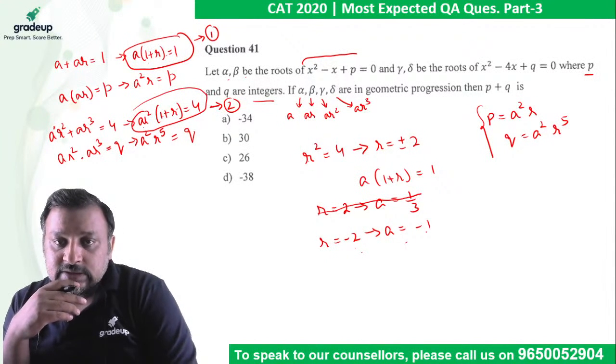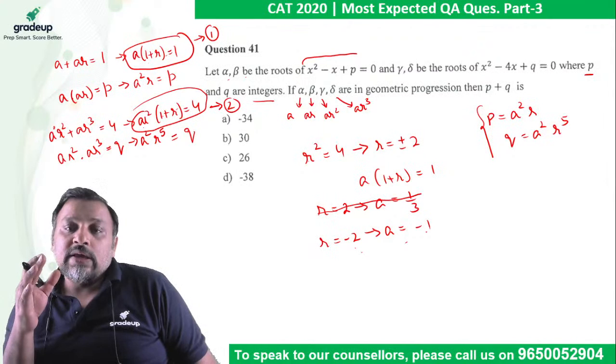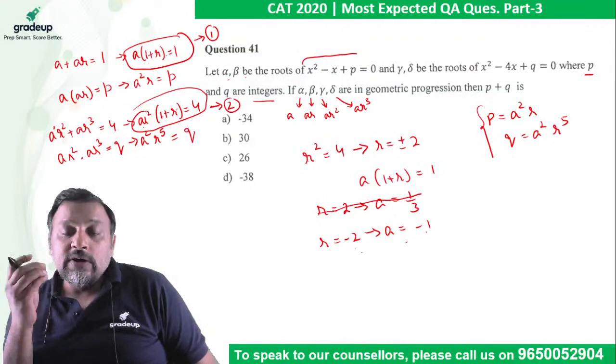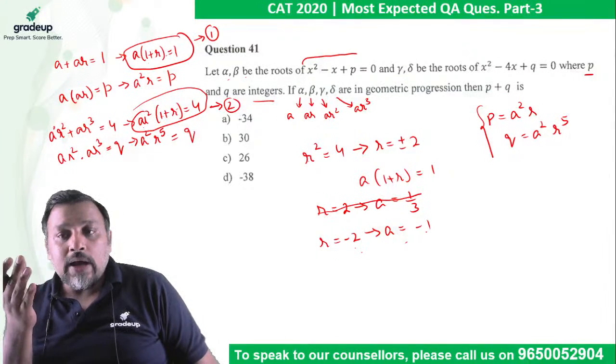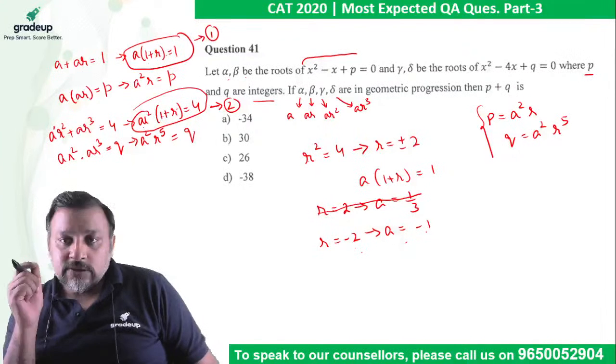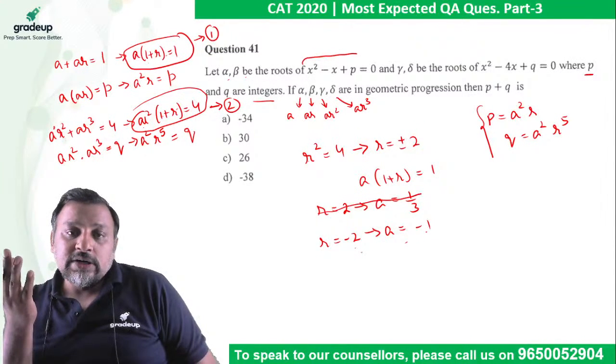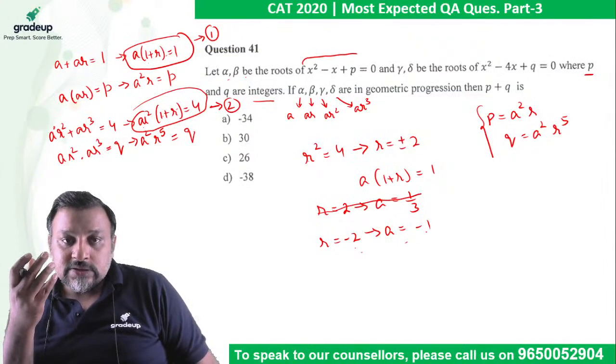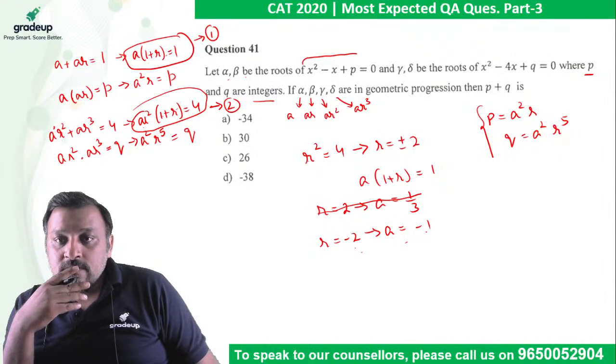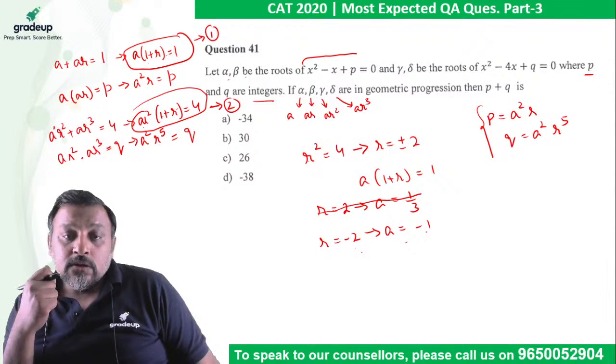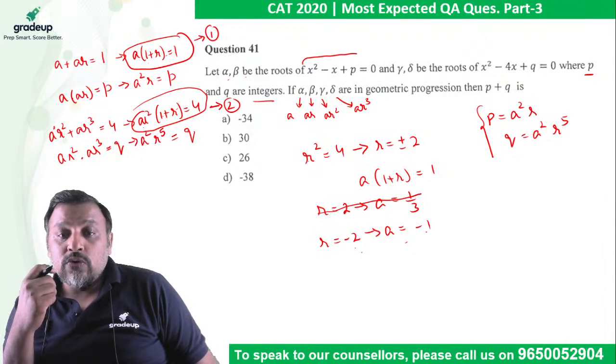Is this clear, guys? See, you need to be very careful in this question. Out of the two values of r, both are not acceptable. Only one value is acceptable, since in the question it is given p and q are integers. So I cannot take r as 2 and a as 1 by 3.